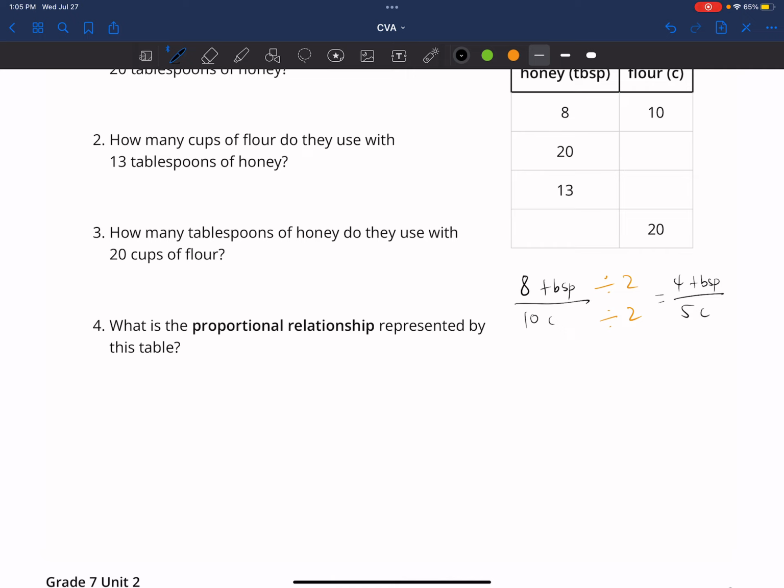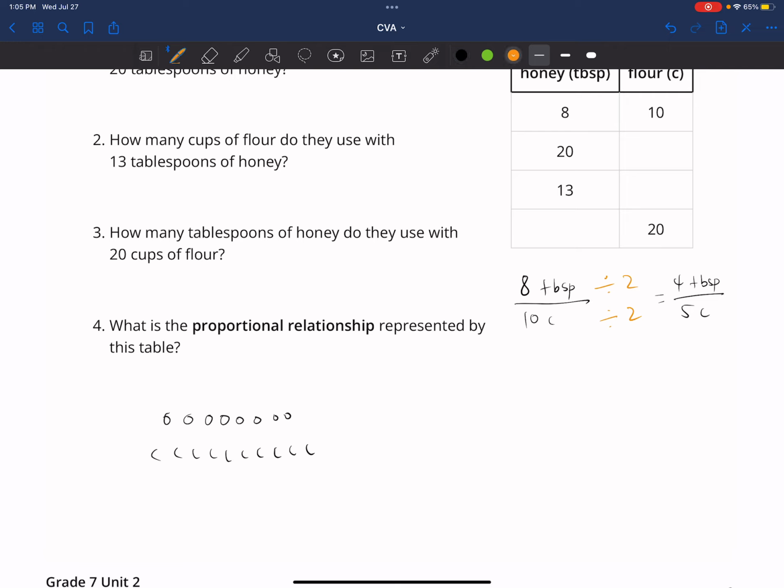Okay, so for every 4 teaspoons there are 5 cups, right? If you want to see a visual, I'll show you real quick. So 8 teaspoons, 1 2 3 4 5 6 7 8, and then 10 cups, 1 2 3 4 5 6 7 8 9 10. That could be divided into 4 teaspoons and 5 cups.